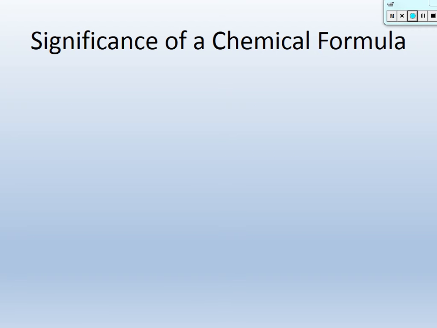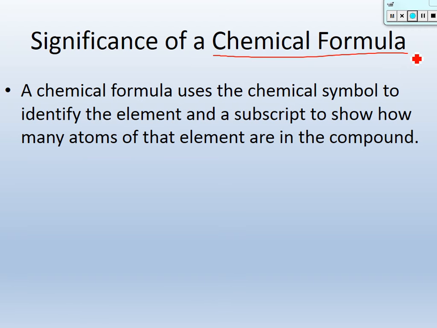Okay, now we're going to talk about the significance of a chemical formula. So we're going to look at the little numbers that are written as subscripts below the symbol. A chemical formula uses chemical symbols to identify the element. For oxygen, it's O. For sodium, it might be Na.